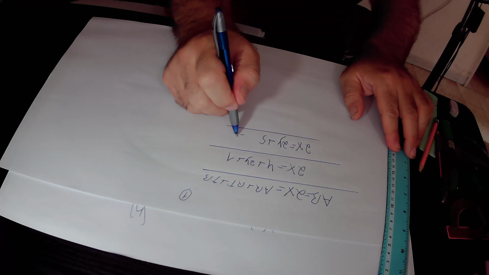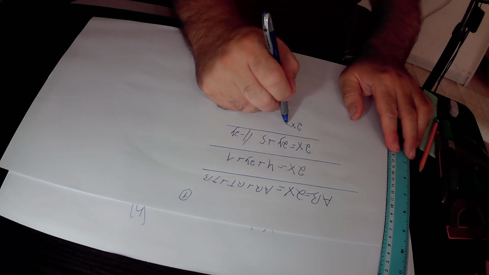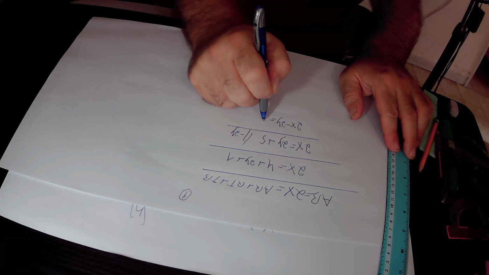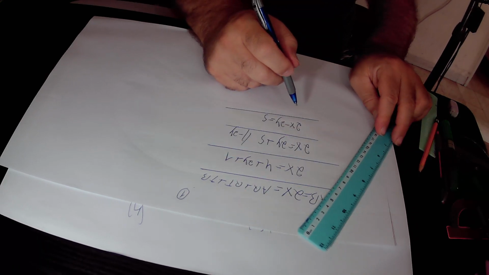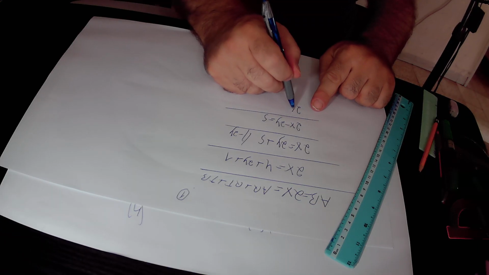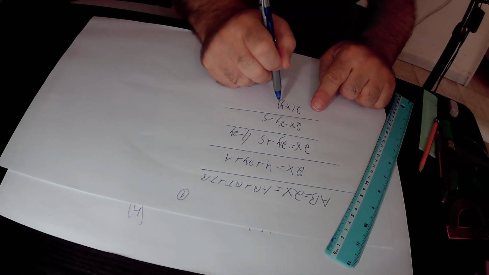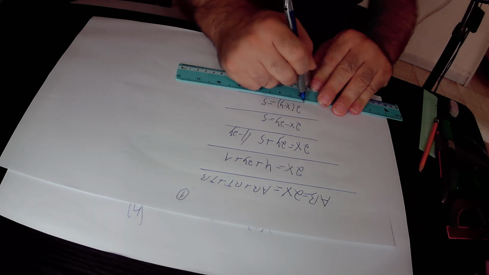Here we subtract 2y from this equation, and we get that 2x minus 2y equals 5. Here we take 2 as a common factor from those two expressions. So inside the brackets we have x minus y, and 2 times x minus y equals 5.